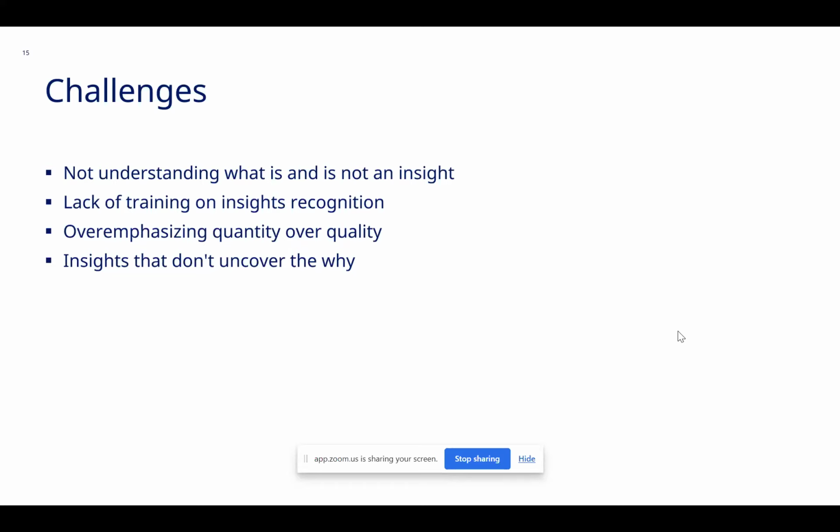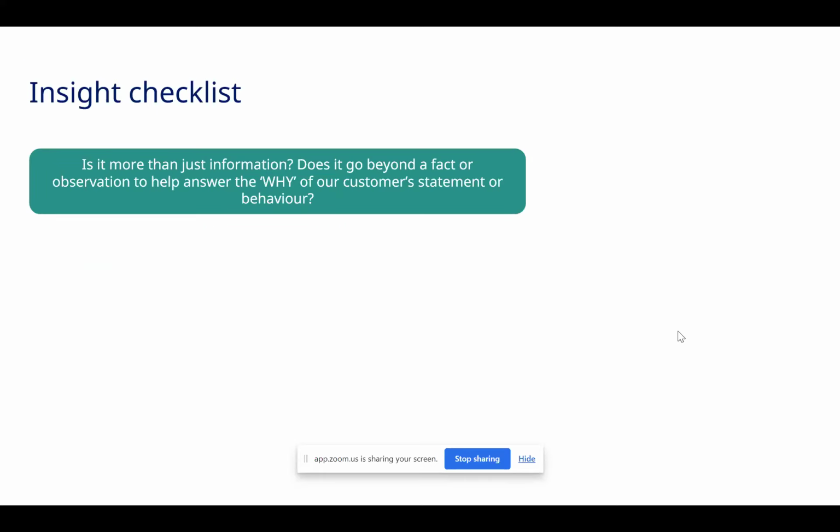Because it includes not understanding what is and is not an insight, lack of training on insight recognition, and overemphasizing quantity over quality, because many a time organizations stress that you need to bring this many insights on current unmet needs from certain doctors. When such targets are there, people overemphasize quantity over quality. And again, insights that don't uncover the why. So these are all the challenges we have.